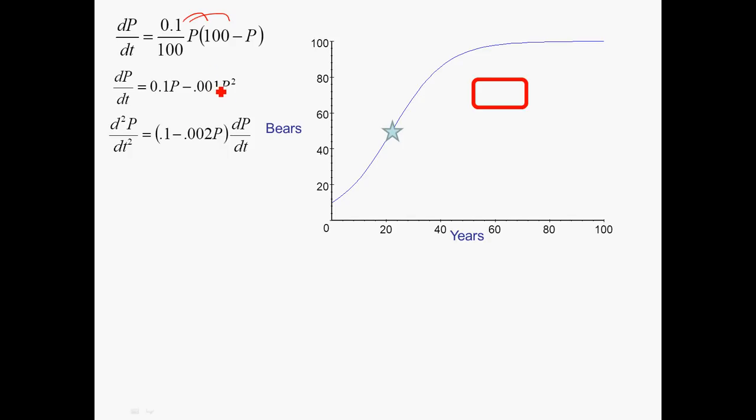It's just a quadratic, right? So the second derivative, what is the derivative of 0.1 times p, and 0.001 p squared? So really what's happening here is this is 0.1 dp dt minus 2 times 0.001 p to the first times dp dt. And I just factored dp dt out. That's all.